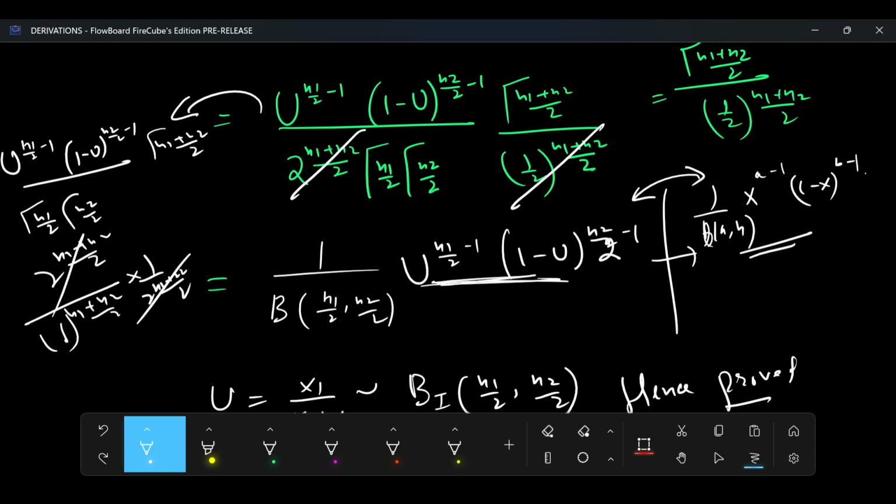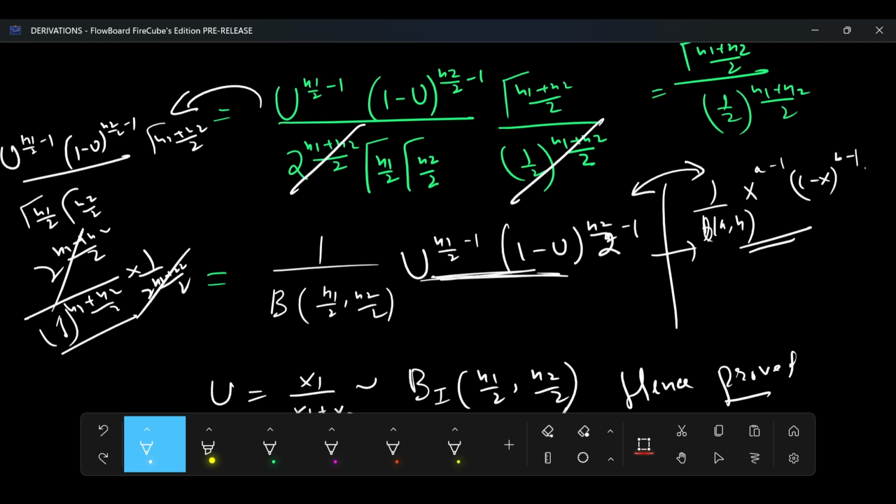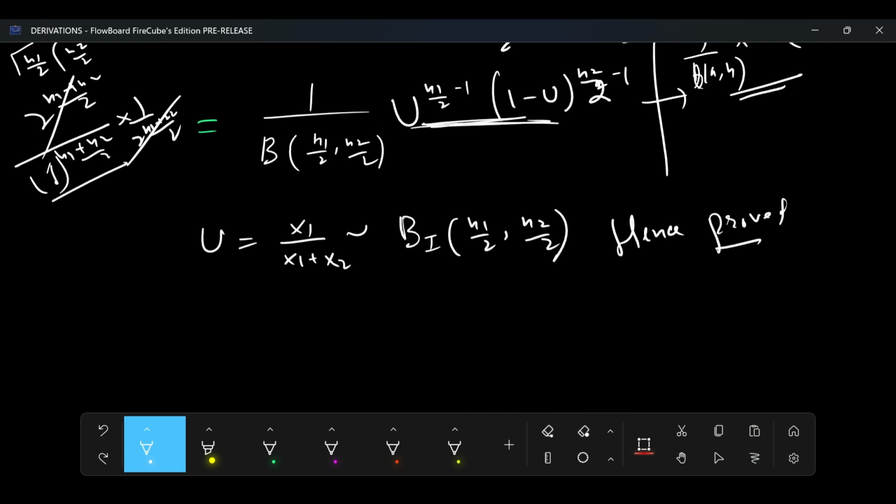This and this can also cancel out. 1 raised to any power is 1, so we will be left with only these terms. So this is equal to this, this is equal to this, right?